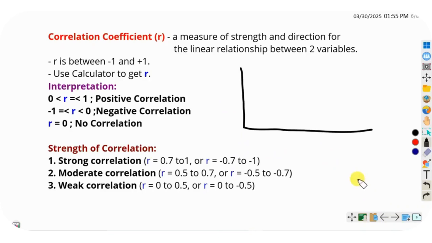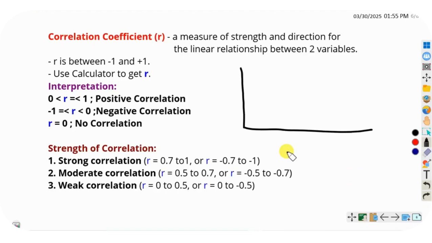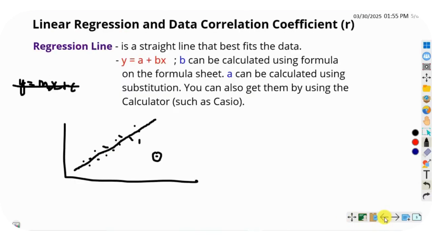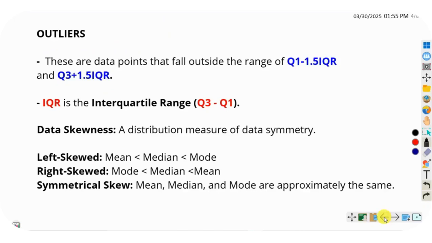Now we need to look at questions, because questions will allow us to practice these terms and understand them better. The more you practice, the better you get and the more you master them.